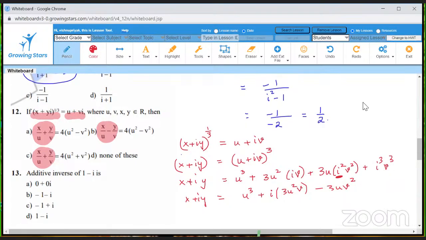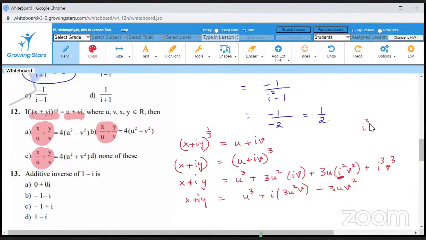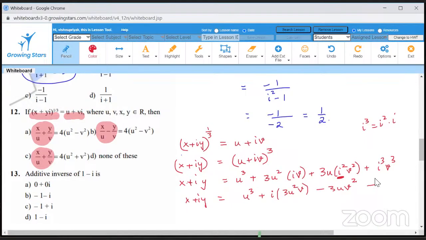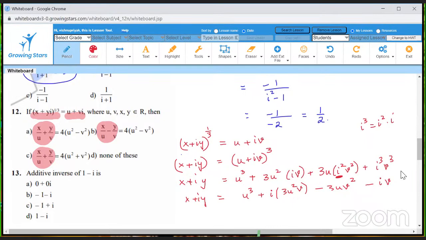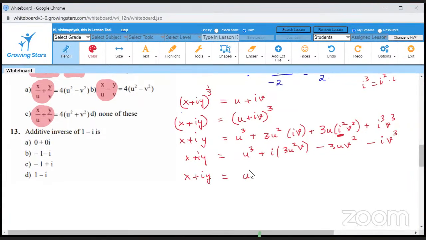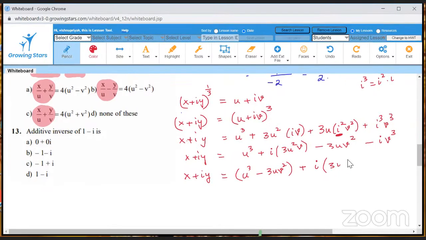I cube, if you remember what I told you yesterday, is i square into i, minus 1 into i, minus iV cube. So the real part is U cube minus 3UV square. And the imaginary part which has i is 3U square V minus V cube.